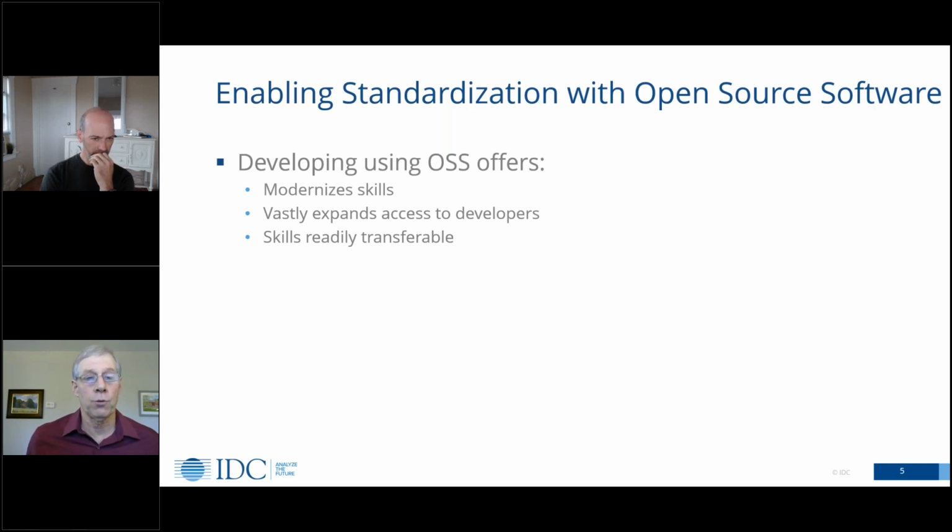You can take people who maybe aren't necessarily familiar with the base platform that you're using, but still be productive on day one. It's about the ability to have skills that are readily transferable.